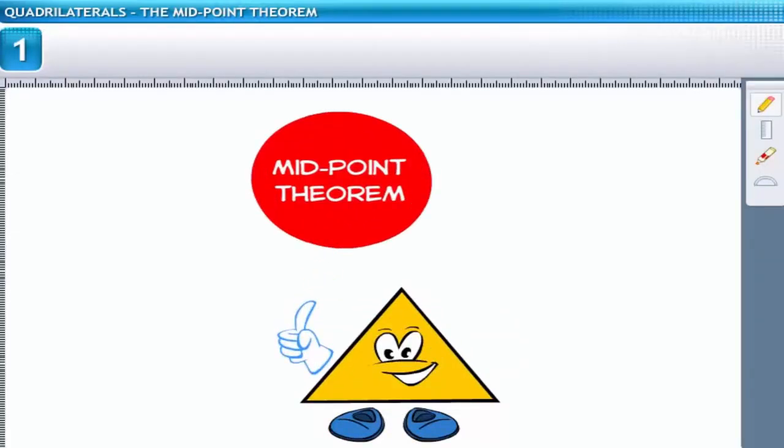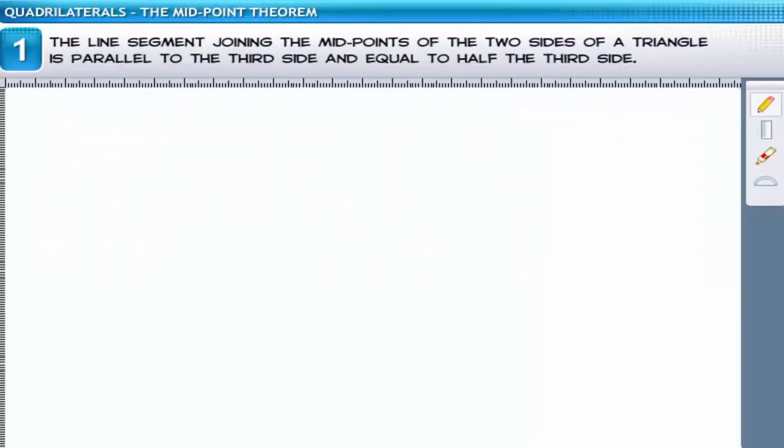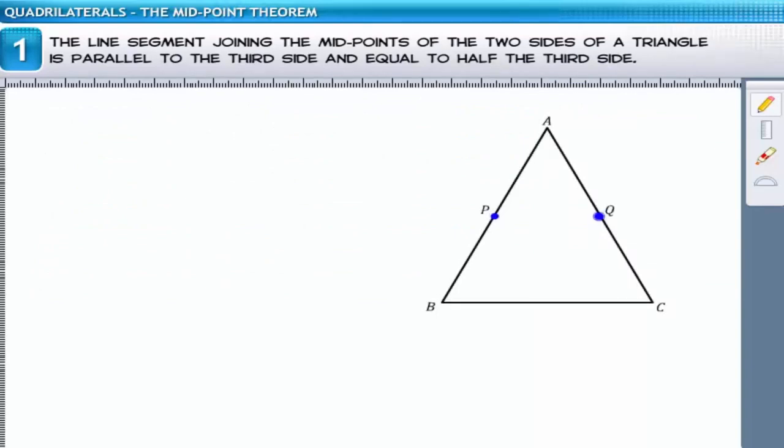Let's prove it. The line segment joining the midpoints of the two sides of a triangle is parallel to the third side and equal to half the third side. Let ABC be the given triangle in which P and Q are midpoints of sides AB and AC respectively.